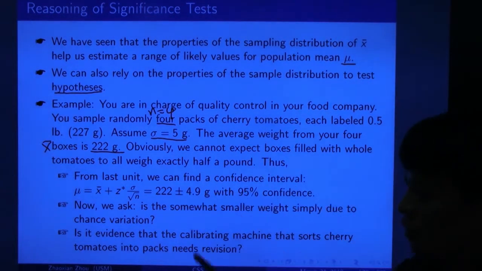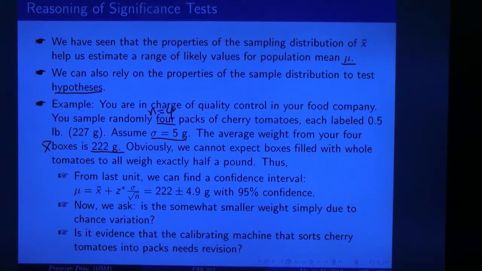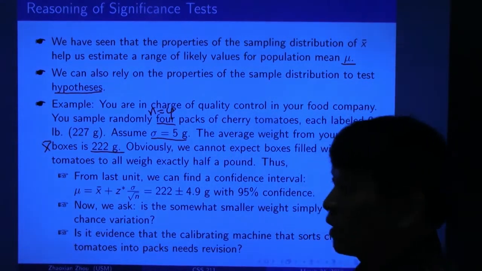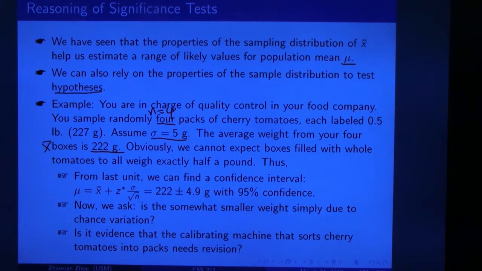And sigma is the standard deviation for the population. Obviously, we cannot expect boxes filled with whole tomatoes to all weigh exactly half a pound. So the average equals 222. The individual box may have a different weight.